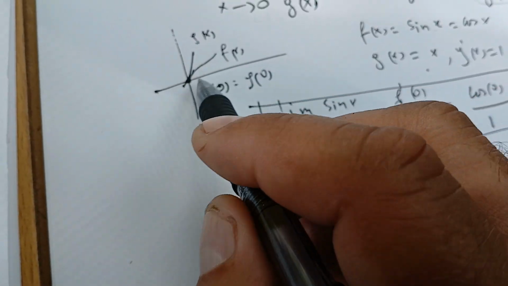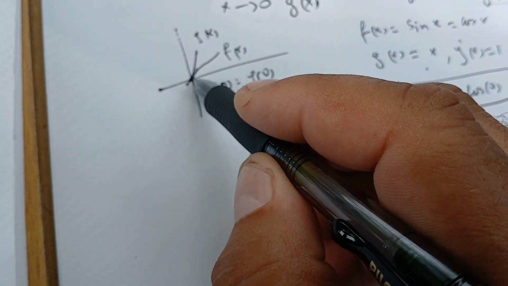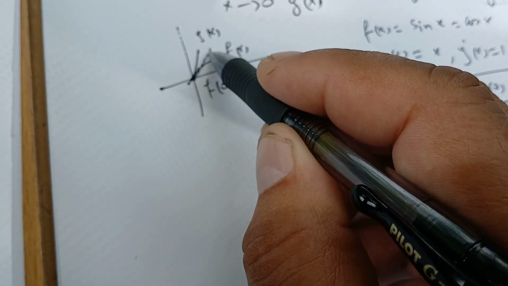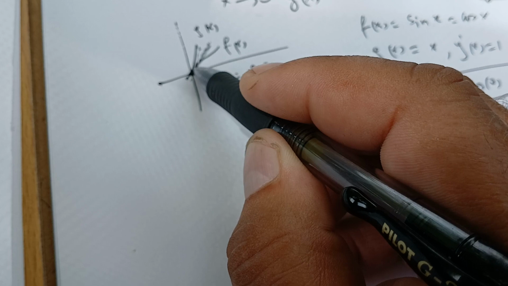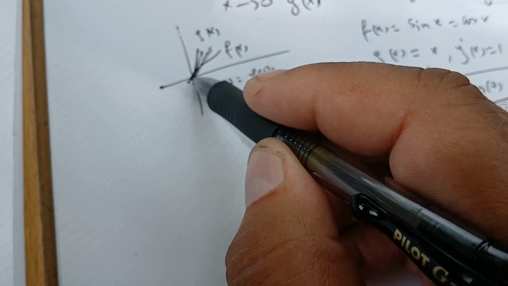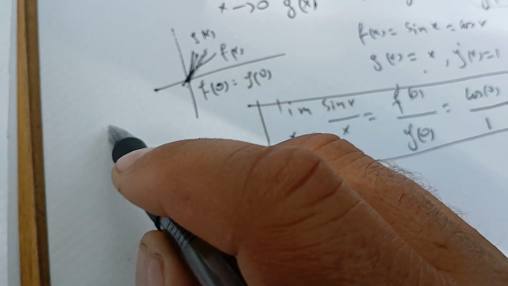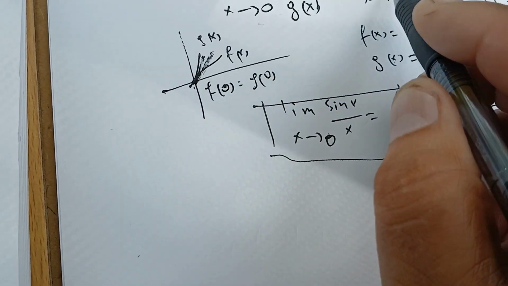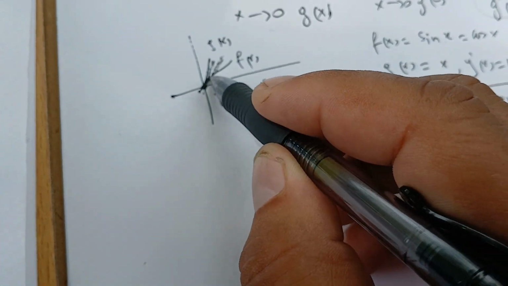So when we try to find the limit, we just take the slope here at 0 and we take the ratio. They get very, very close. So the limit is the limit of the slopes. The ratio of f over g is just the ratio of the slopes at 0, because it's getting very close.